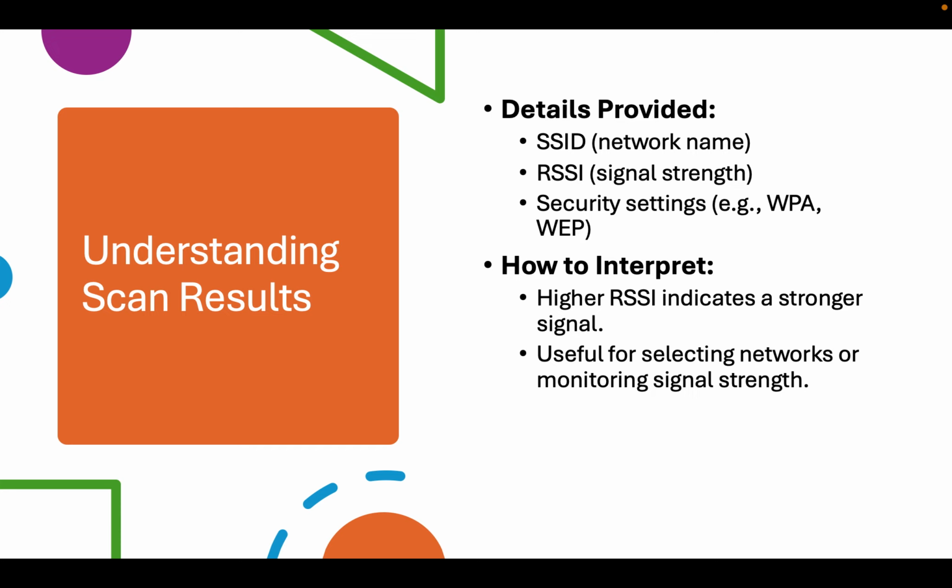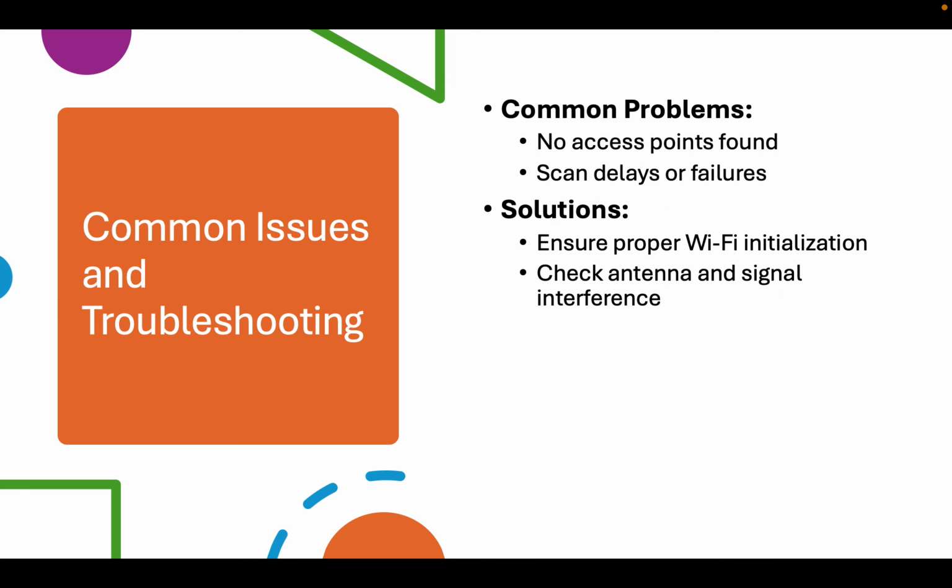So how to interpret these results? A higher RSSI indicates a stronger signal, meaning the access point is nearby, useful for selecting networks or monitoring signal strength. The common problems are no access point found, or scan delays or failure.